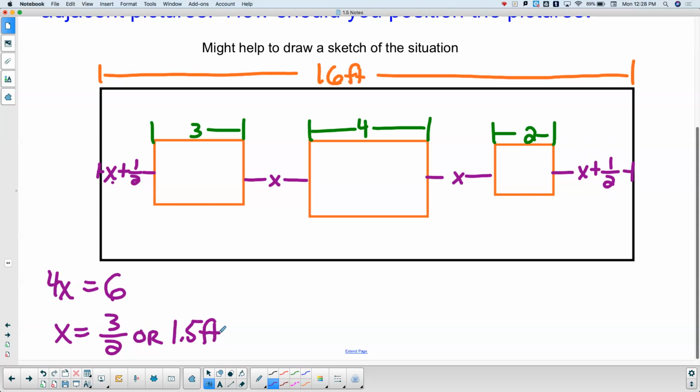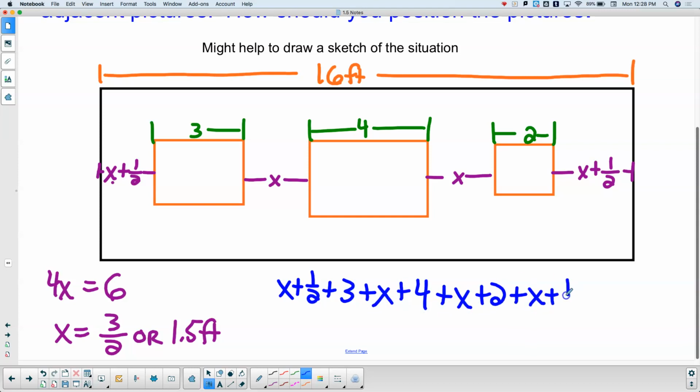Any other way to do it? What do you got? That's how you did it? Okay. The only other way that I can really think of to do it would be to say x plus 1/2 plus 3 plus x plus 4 plus x plus 2 plus x plus 1/2.